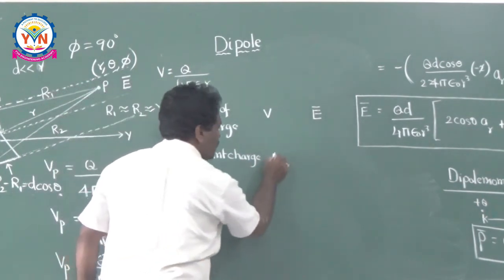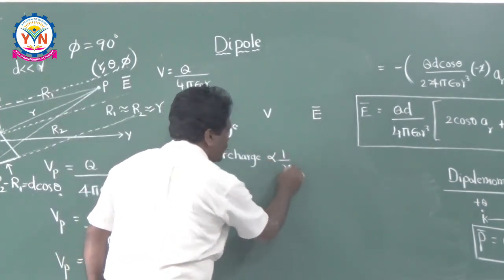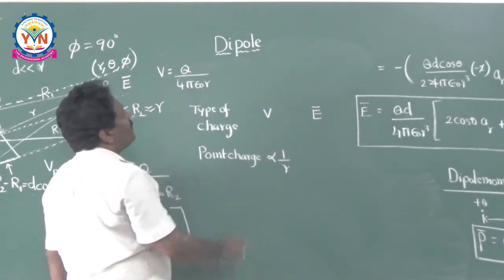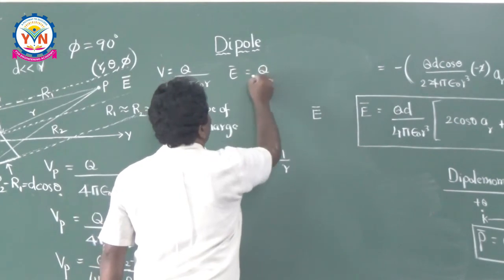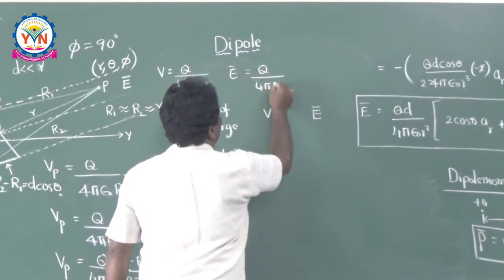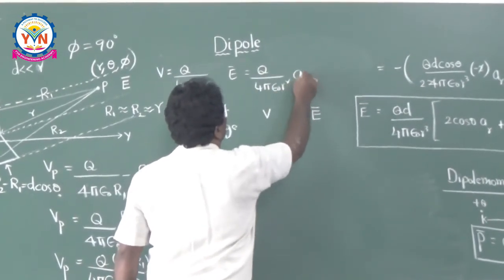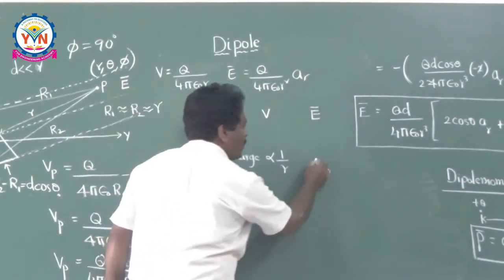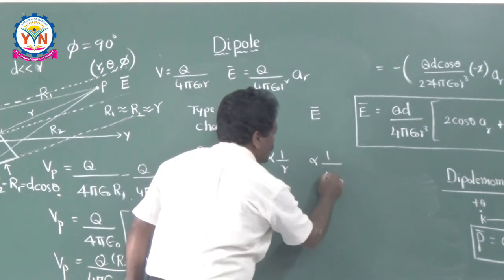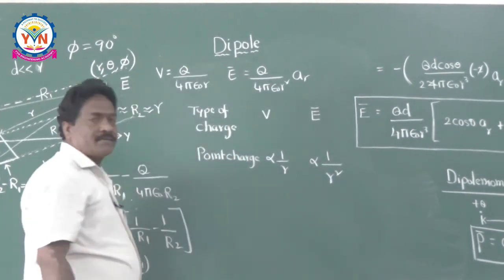So I can write down here inversely proportional to R, this potential. Whereas for electric field intensity for a point charge, just now I have written Q by 4 pi epsilon naught into R square into AR, which means it is inversely proportional to the square of the distance. That's why I can write down inversely proportional to the square of the distance like this.